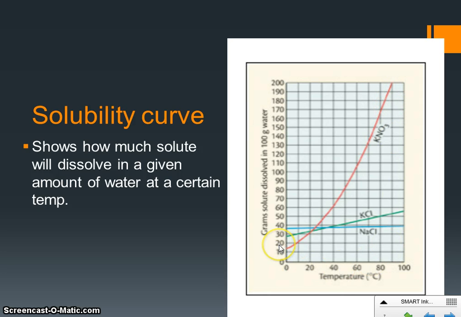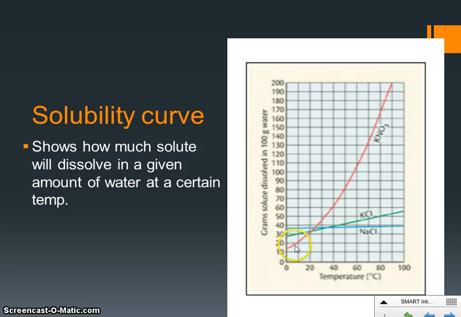So the way that you would read this graph, okay, at 20 degrees, if you go up to that red line, you can dissolve about 30 grams of KNO3 if the water is 20 degrees and it's 100 grams of water. Okay, if you heat that water up to 40 degrees, you can now dissolve 60 grams in that water. Okay, and as you heat it up, you can dissolve more and more and more.